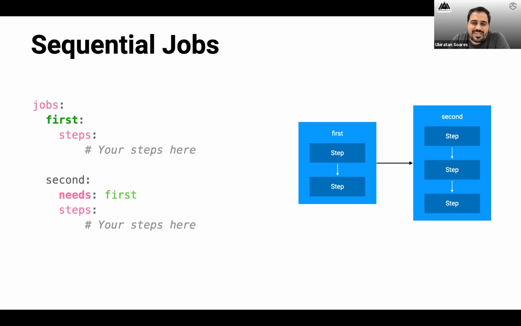No pun intended here, needs is everything you need, right? So let's see an example. We have the first job, we have the second job, and we have this easy definition that tells the GitHub Actions runtime that the second job will execute only when the first job completes, right?